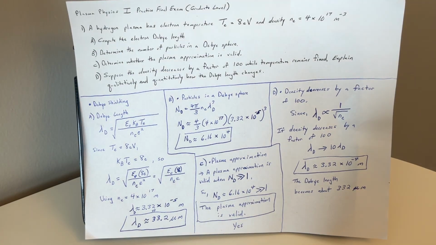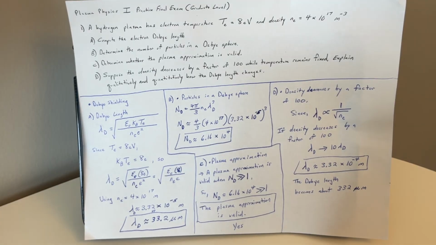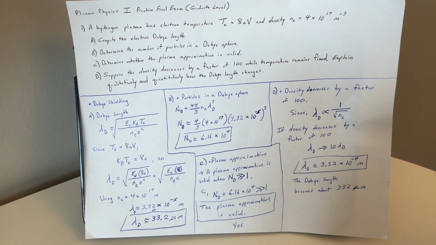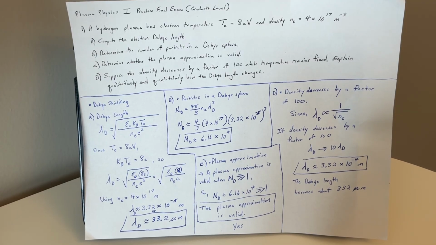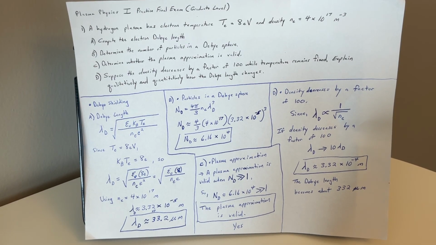And part D, suppose the density decreases by a factor of 100 while temperature remains fixed. Explain qualitatively and quantitatively how the Debye length changes. Since we have this proportional relationship, lambda sub D is proportional to 1 over the square root of n sub e.